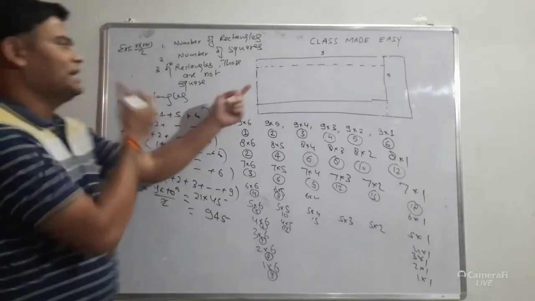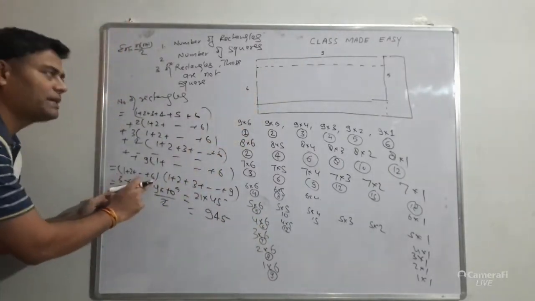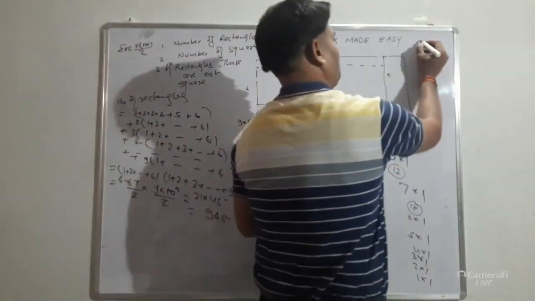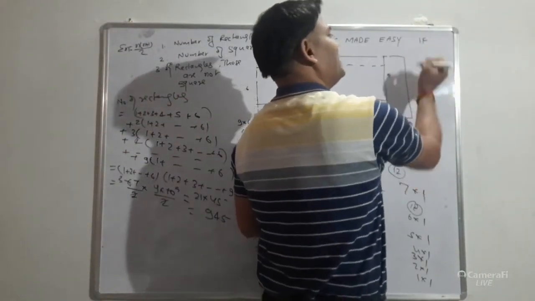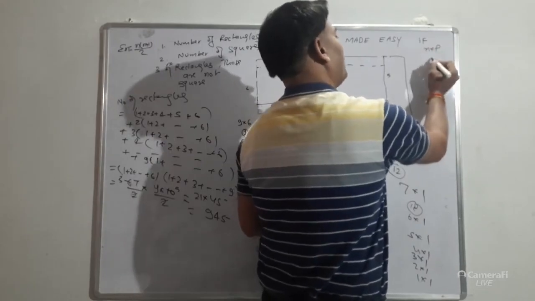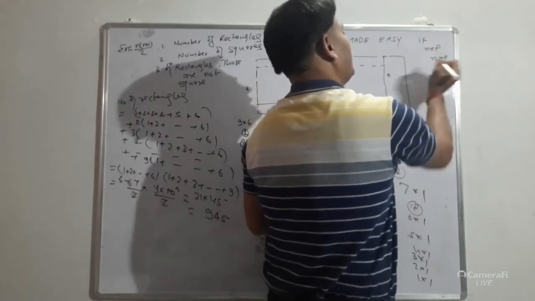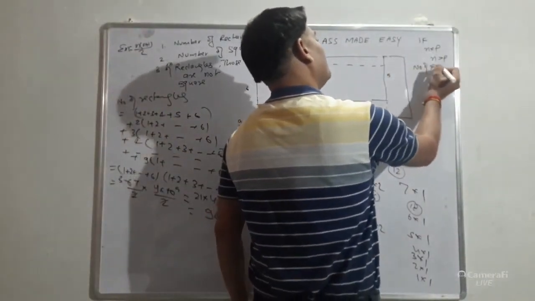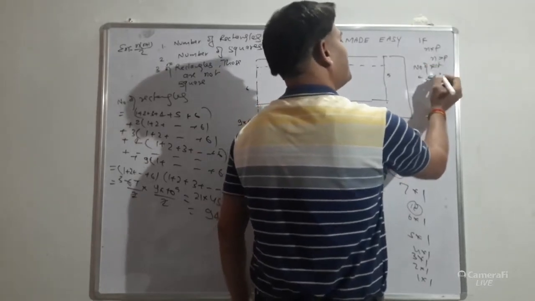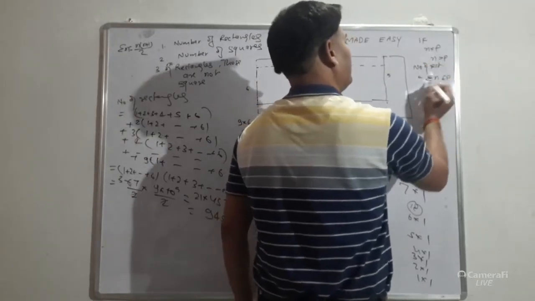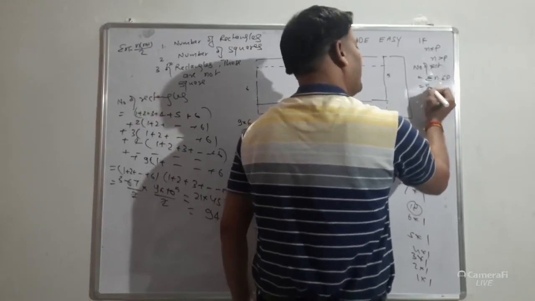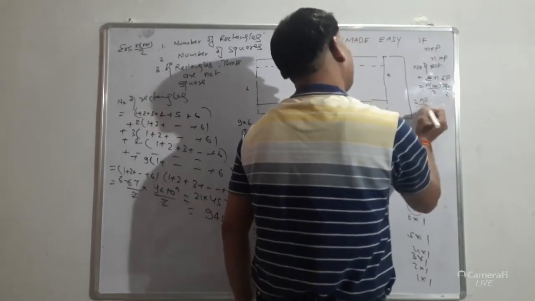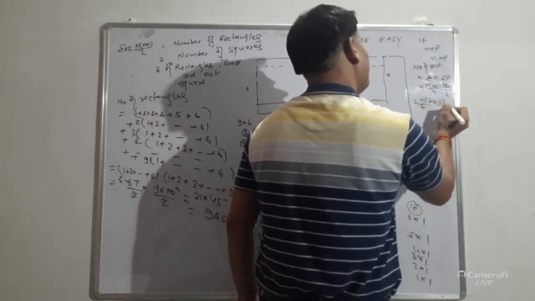See, 1 to 6, our size is 9 by 6, so this one is 1 to 6, and that 9 is 1 to 9. Means we can say if a rectangle of size n by p is there, where n is greater than p, n is length and p is width, then the number of rectangles is sigma n into sigma p, that is n times n plus 1 by 2 into p times p plus 1 by 2, so that is np by 4, n plus 1 and p plus 1.